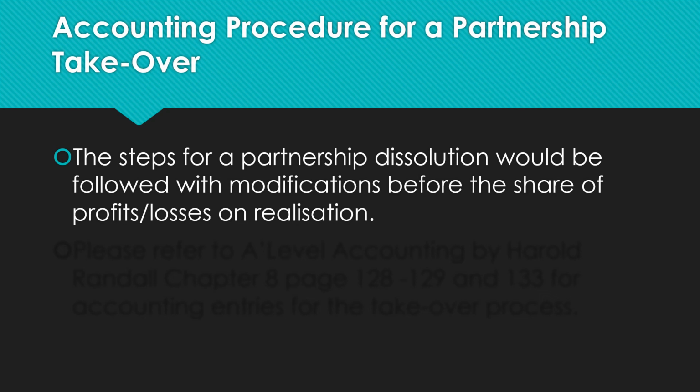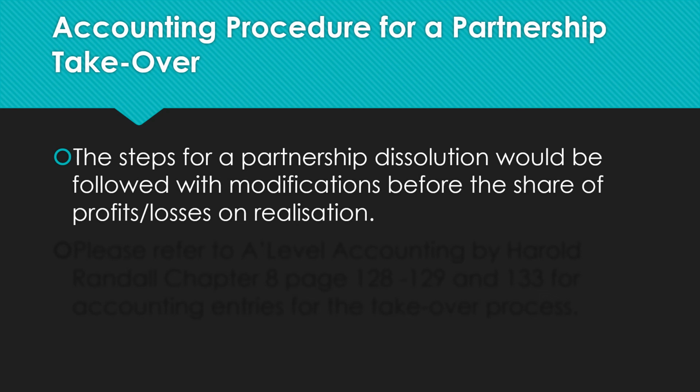Now, the first accounting entry when we were dissolving the partnership was to transfer the assets to be realized. Let me make this clear. The partnership is coming to a close and it is being taken over by a different business.